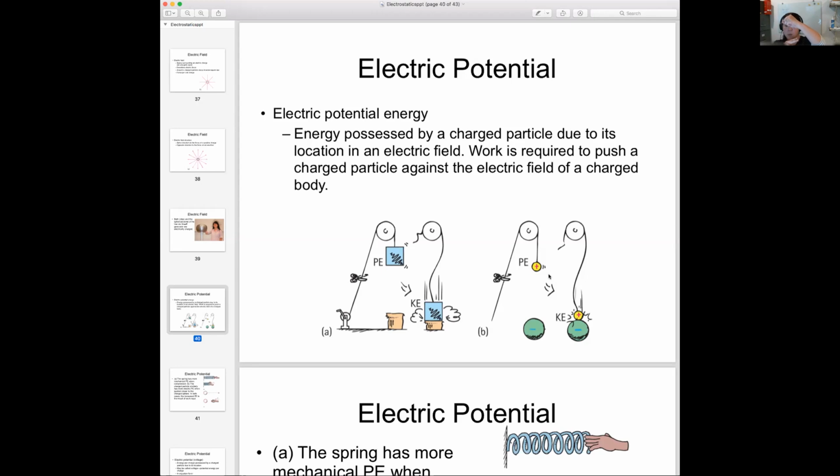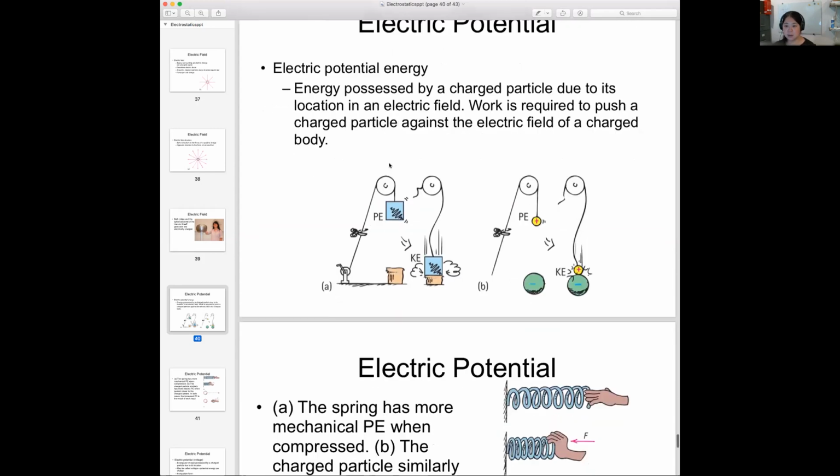When you cut the rope, this positive charge wants to go down. So being there, you have some electric potential energy. Then you lose the electric potential energy as it's attracted towards the negative and it converts into kinetic energy. You have an increase in kinetic energy.